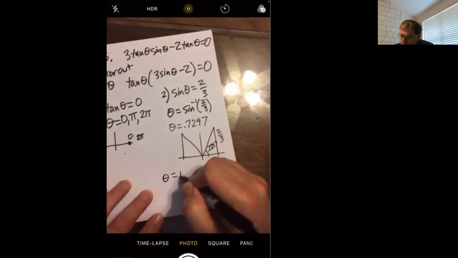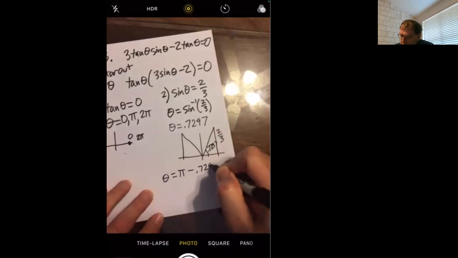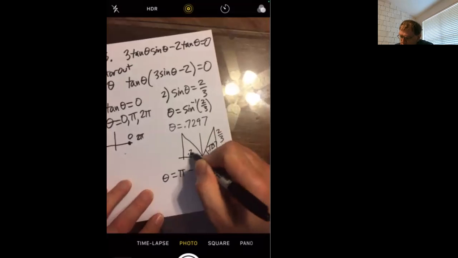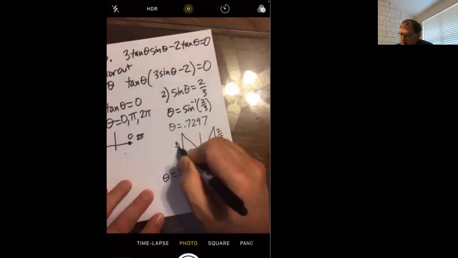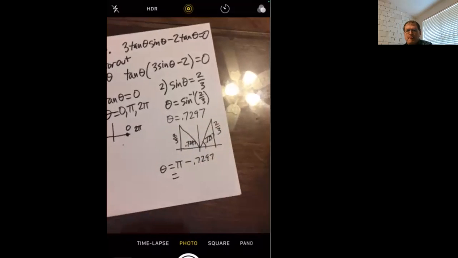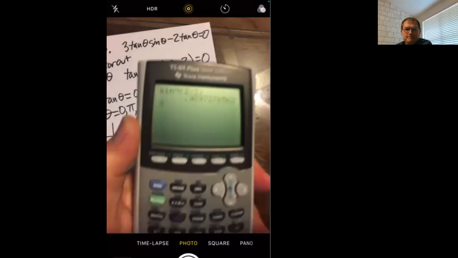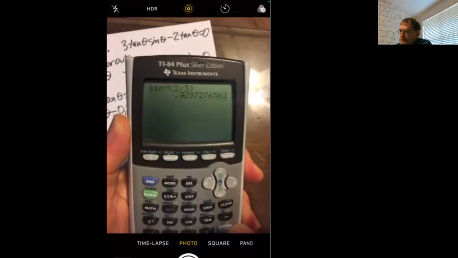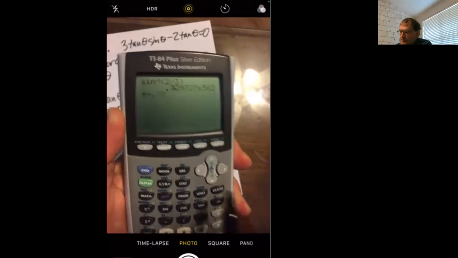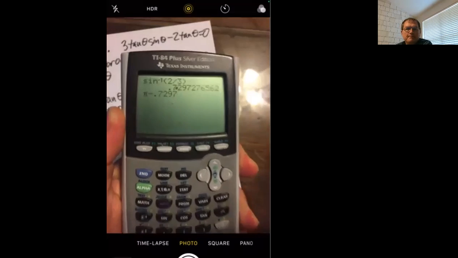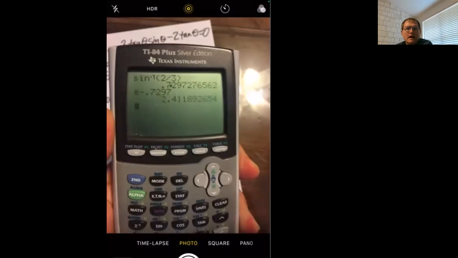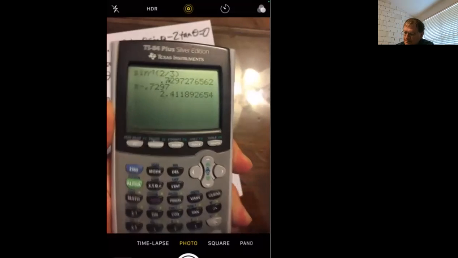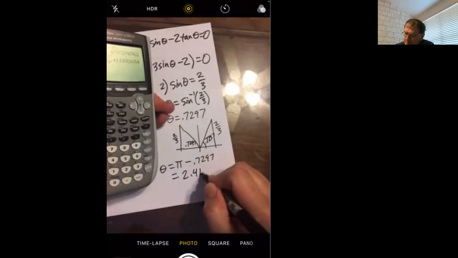Theta will be pi minus 0.7297, because this is 0.7297. This is 2/3. That gives 2.412.